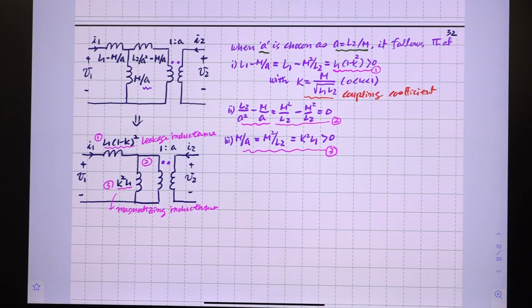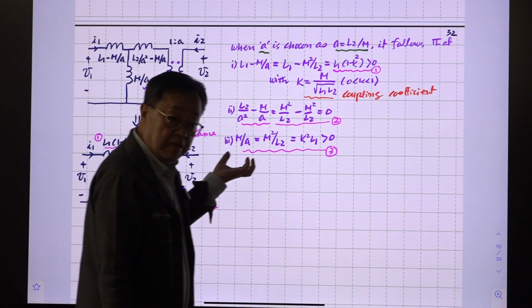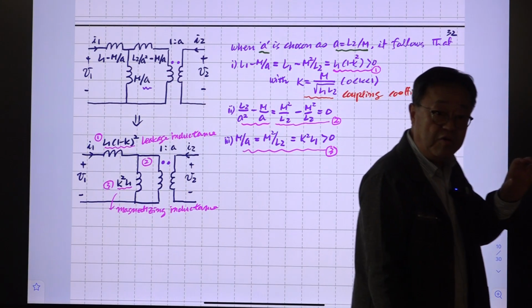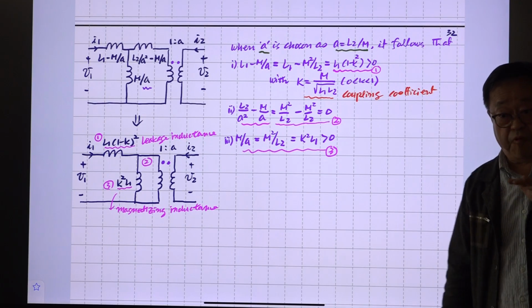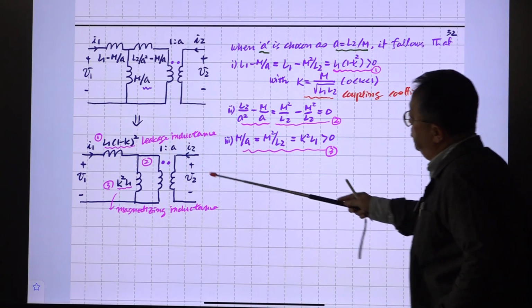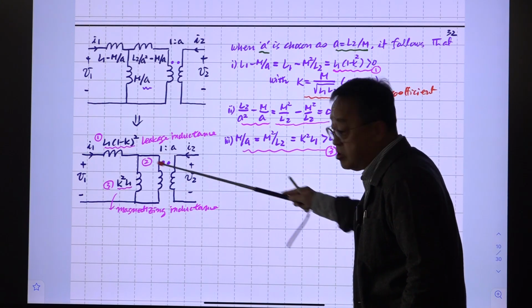Okay, so this may model the practical transformer. Okay. So you have some strange structure like the low profile transformer. This will be large, this will be small, something like that.